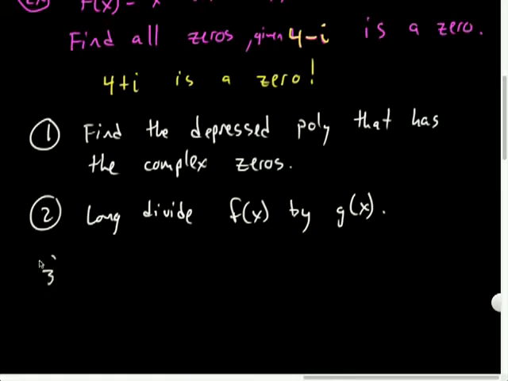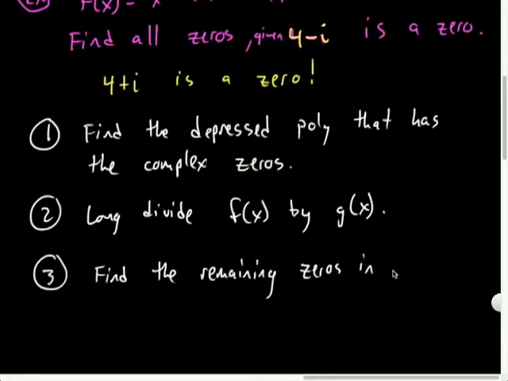So step 3 is find the remaining zeros in your new depressed polynomial.